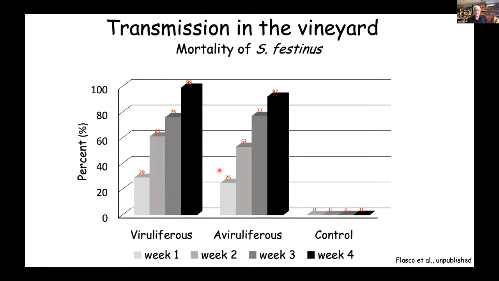Again, just to illustrate how poor of a host grape is to the 3-corner alfalfa hopper, you can see here the survival, or actually the rate of mortality, of these insects in the sleeves over the 4 to 5 week period of the experiment.